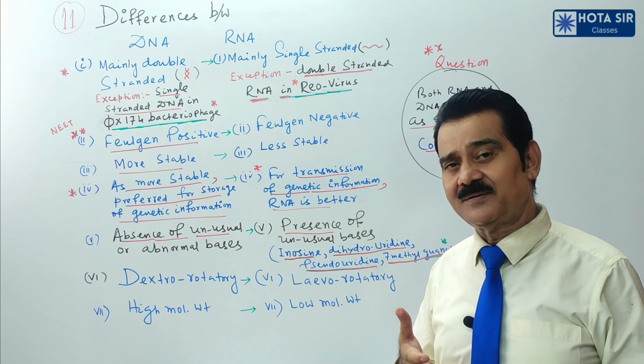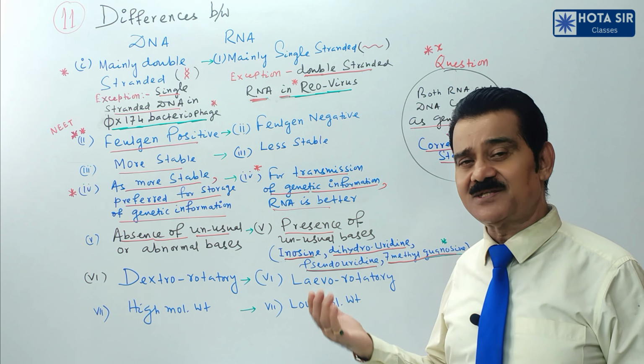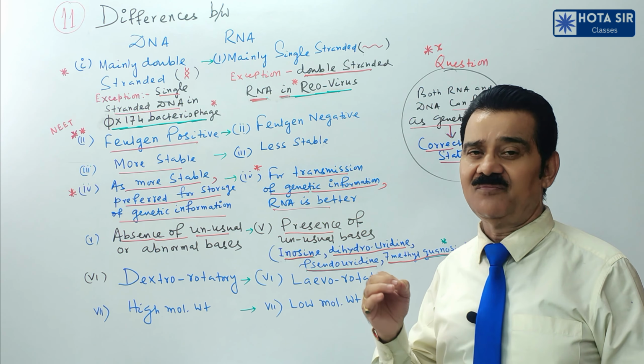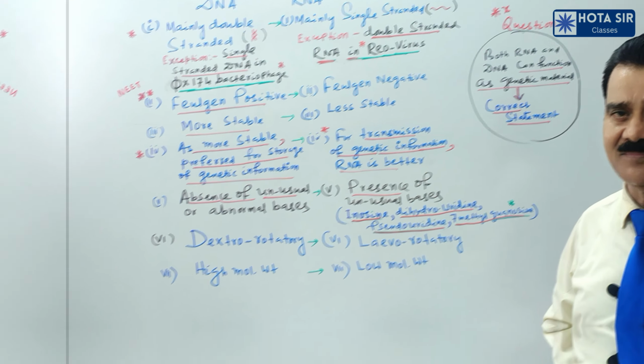Clear? That's why DNA is Feulgen positive, but RNA does not show any response to this Feulgen stain. That's why RNA is called Feulgen negative. Very, very important question for NEET examination.